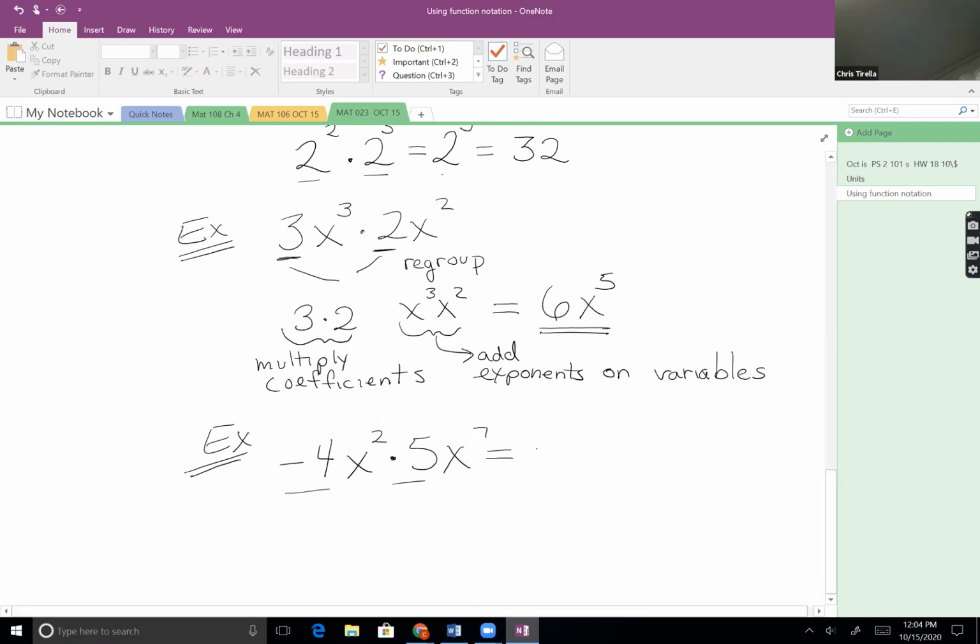Negative 4 times 5 would give me negative 20. X to the second times x to the 7th would give me x to the, adding exponents, 9th. Final answer would be negative 20 x to the 9th. Is everybody all right with that one?